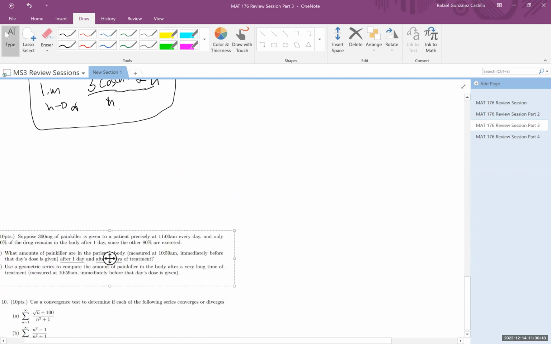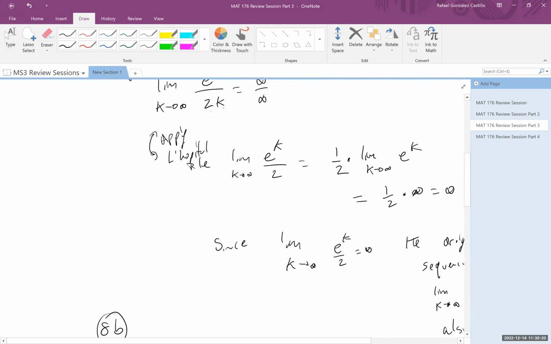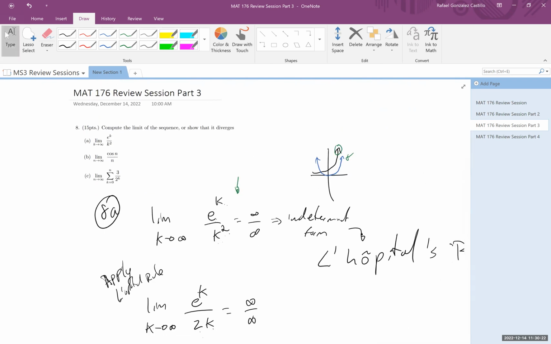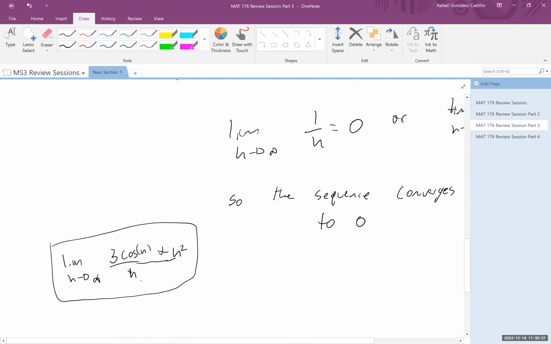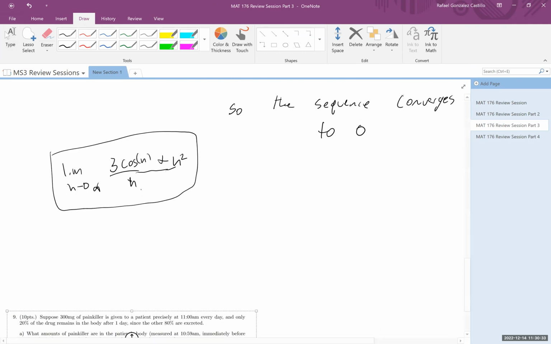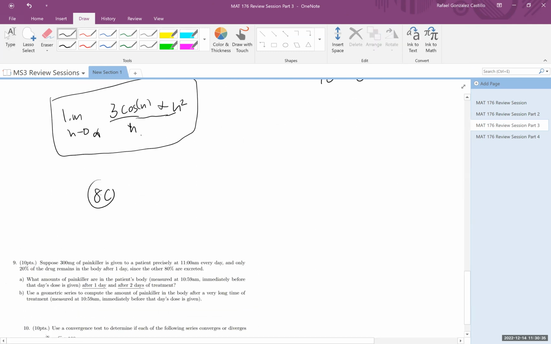Finally, for 8c, we just go back up to 8c. We have the limit as n goes to infinity of the series from k equals 0 to n of 3 over 2 to the k.